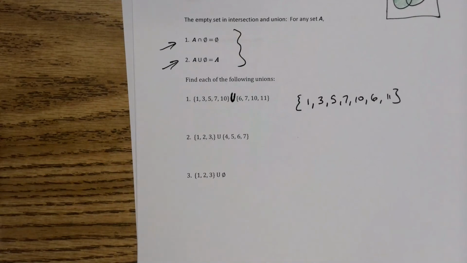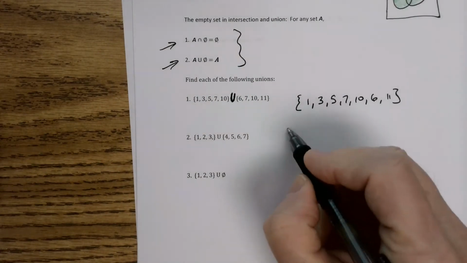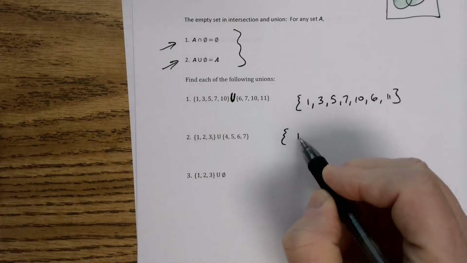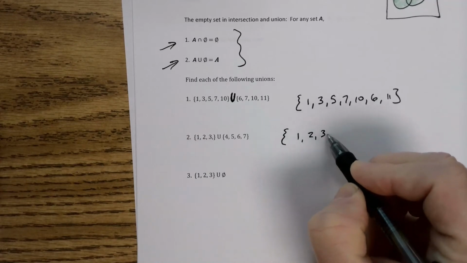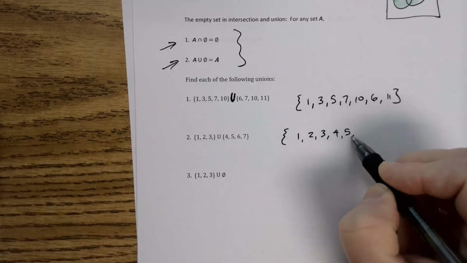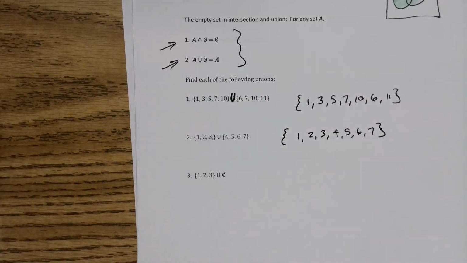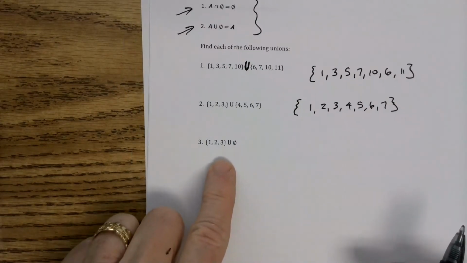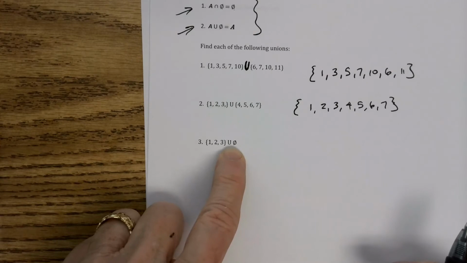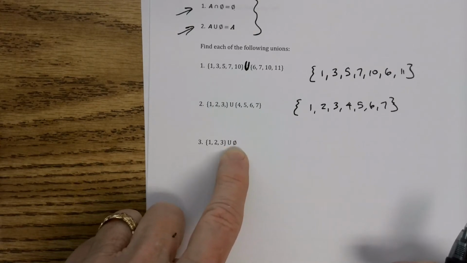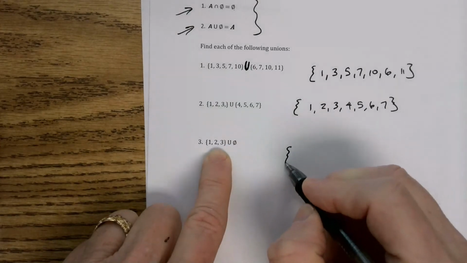What about the next one? 1, 2, 3, 4, 5, 6, 7. Everybody's included. What about the next one? A set union the empty set is just the set. 1, 2, 3.